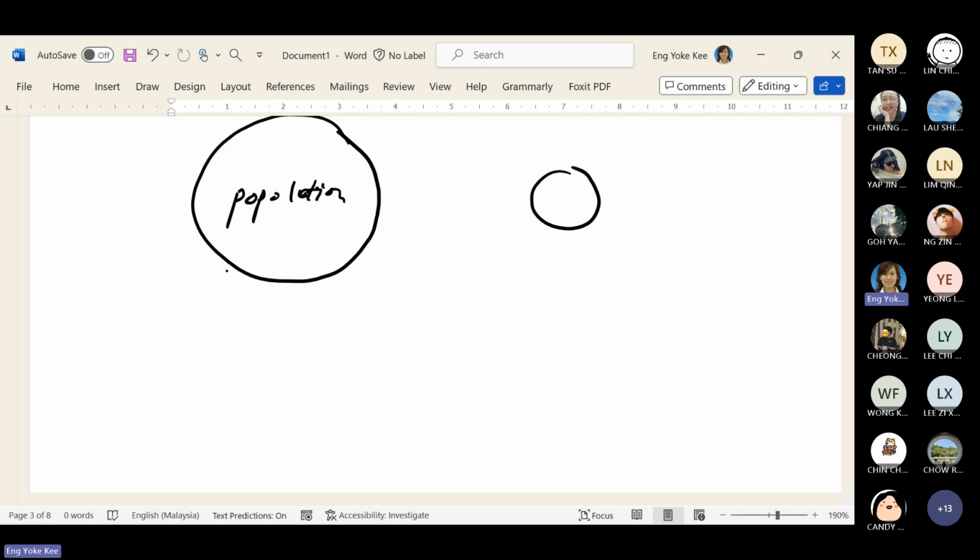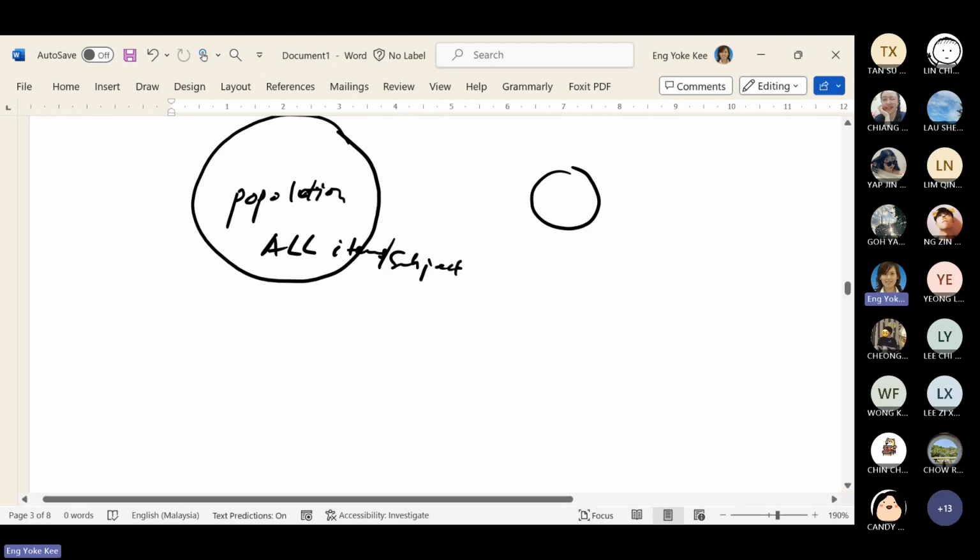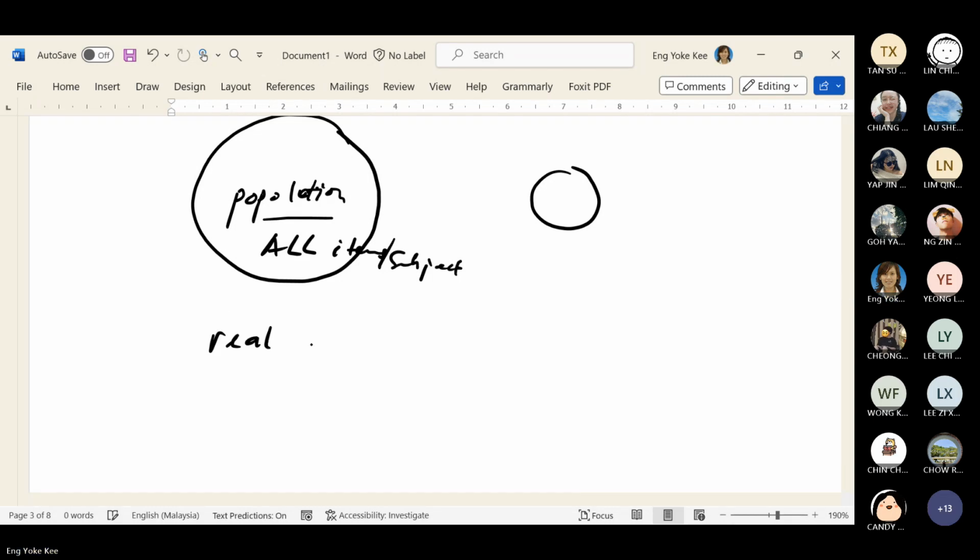You remember your QT2, you always try to memorize the keyword: all items, all subjects that you're interested to study. In statistics, we call this a population. In our human language, we call this the real world.